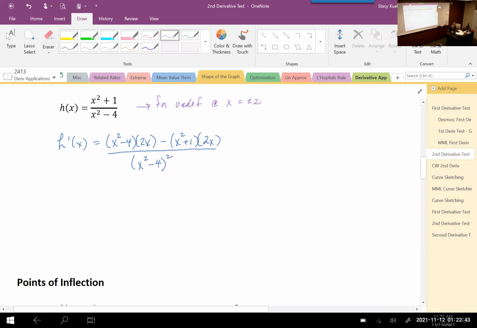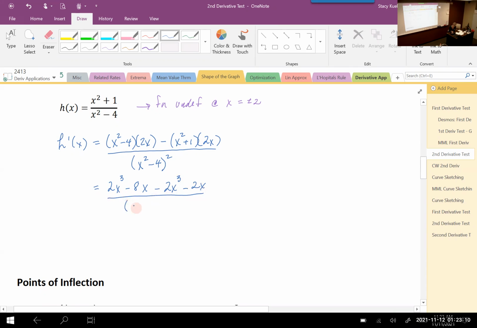Okay, let's simplify our numerator. So I end up with, what would that be? 2x cubed minus 8x minus 2x cubed minus 2x, correct?